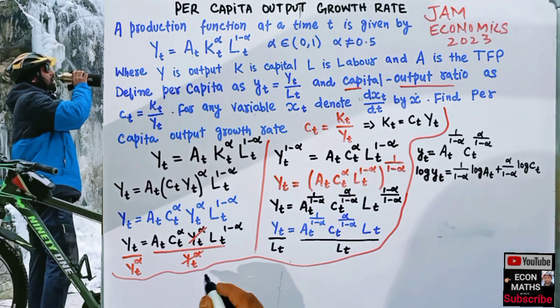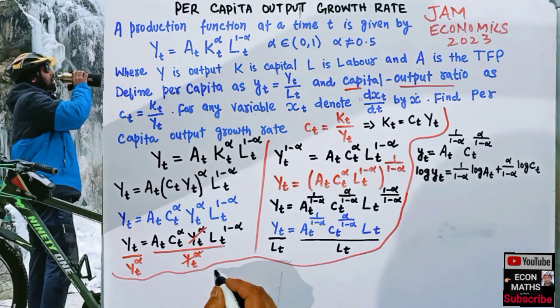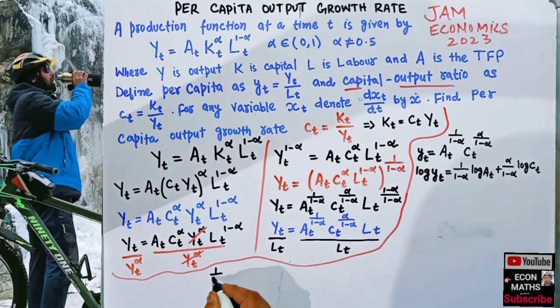The derivative of log of y_t: the derivative of log of y is 1 upon y, so we get 1 upon y_t times dy_t divided by dt. So this log y_t, its derivative is simply 1 upon y times dy.